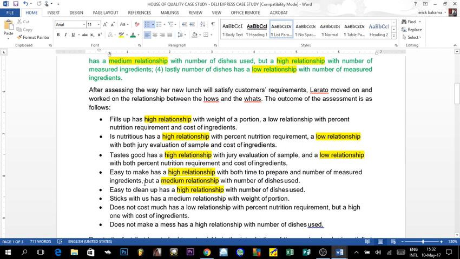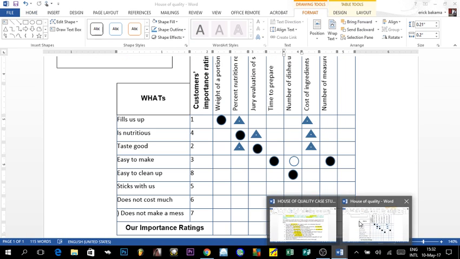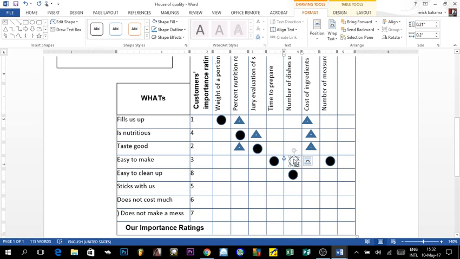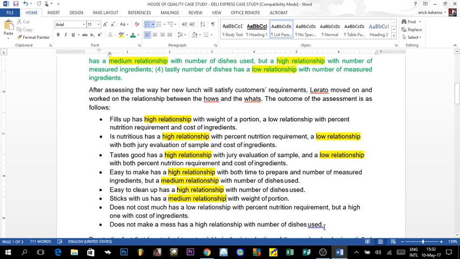Now they say stick with us has a medium relationship with the weight of proportion. So we check the weight of proportion. The relationship is medium. The weight of proportion is somewhere here. We are working with stick with us. After that, we have does not cost much, actually the price, which has a low relationship with the percent of nutrition requirement, but a high one with the cost of ingredient.